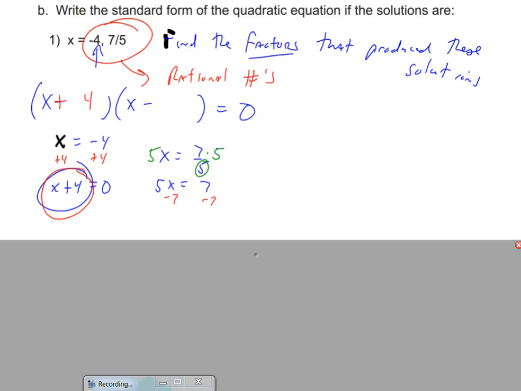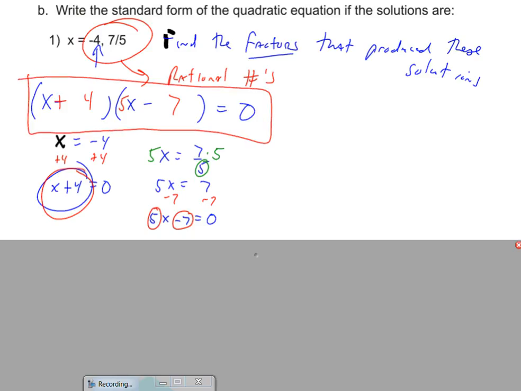Some of you guys in your mind can see this right away, but this is a math way of getting there. You get 5x minus 7 equals 0. So I'm sticking the 5 here, and I want the back to be a negative 7. And that would have been the factor that produced x equals 7/5. And therefore, that's my answer if they're okay with it being in factored form.